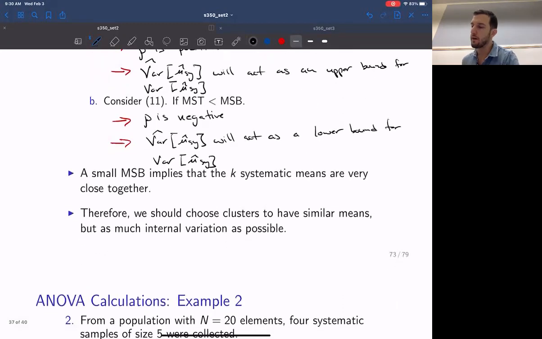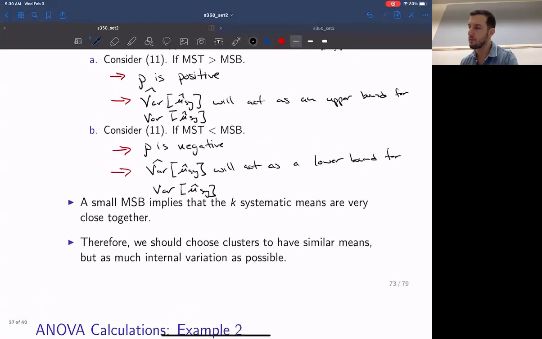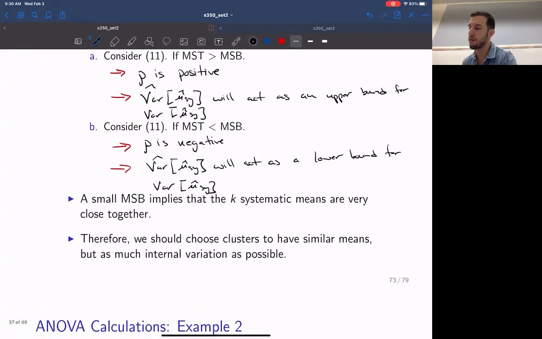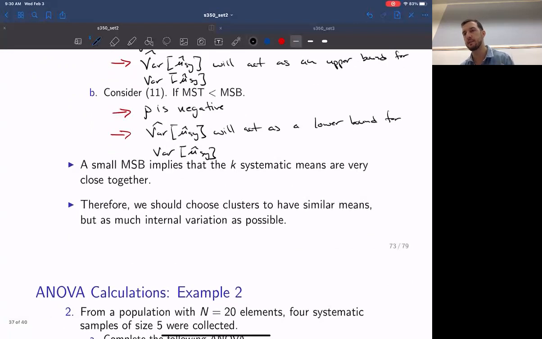If this is the case, we would want to choose clusters to have similar means but as much internal variation as possible. So if the MSB is small, and all the means are very close together, we would want as much spread in the systematic sample as we possibly could.